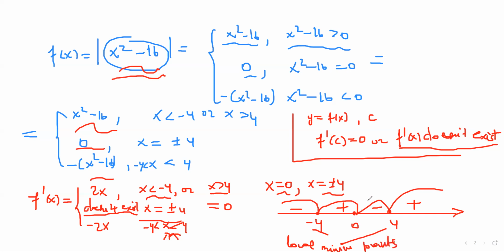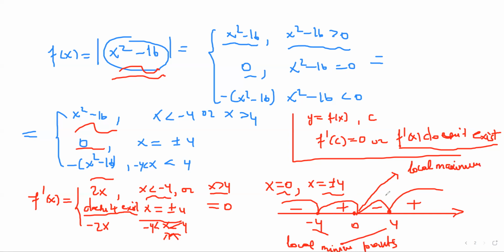Now, what about point 0? At 0 the function increases because the derivative is positive, and then starts to decrease after 0. So this is the point where the function gets its local maximum. Our analysis gives us the following.